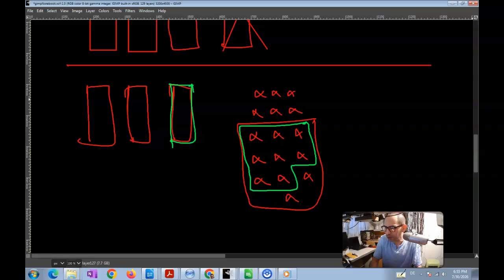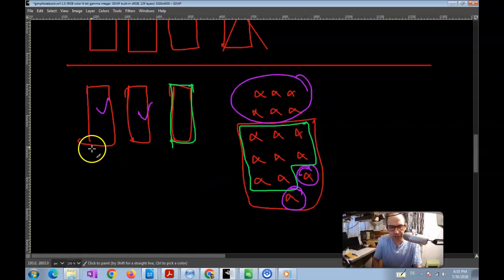And then what remains is this one and this one, which is 2 groups of 10, which is a 20, and 8 loose ones.